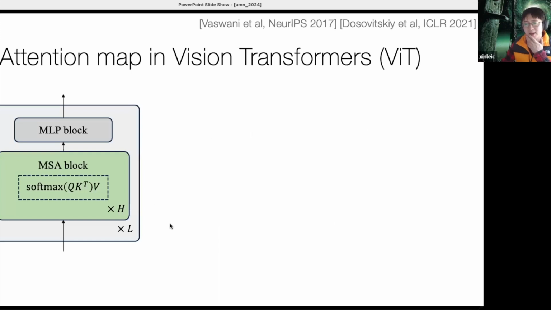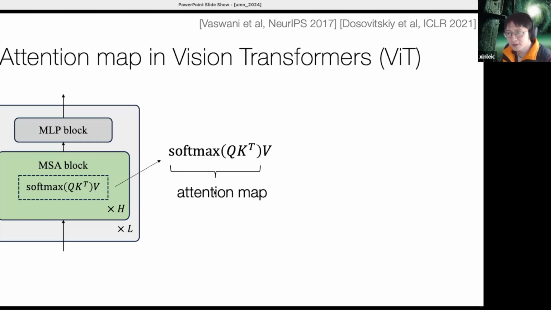So what do we mean by attention map? In a vision transformer, the attention map is inside this multi-headed self-attention block. And specifically, there's the QKV product, and the attention map is the product between Q and K transpose after some softmax.